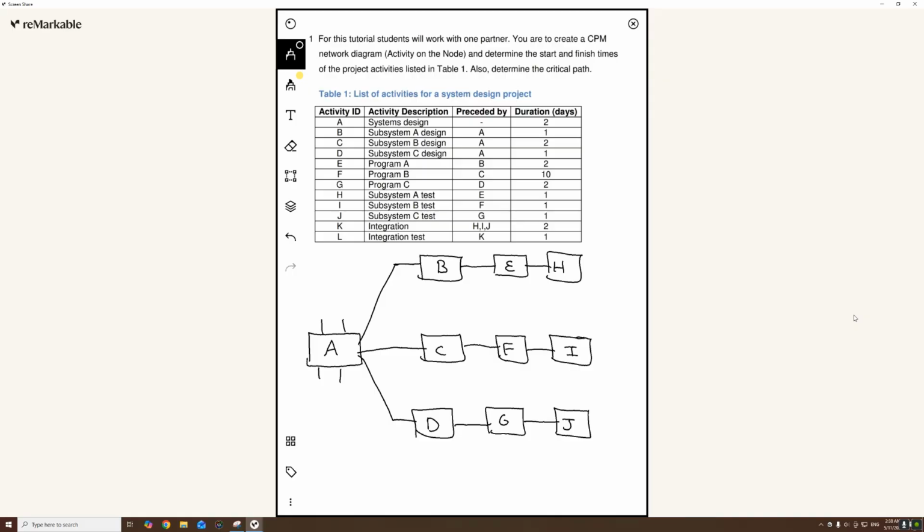We have activities K and L left. I see that K requires H, I, and J, and I can see how that fits into our diagram.